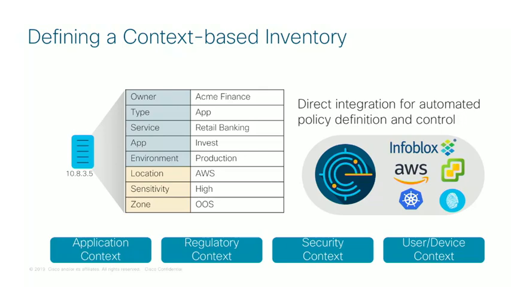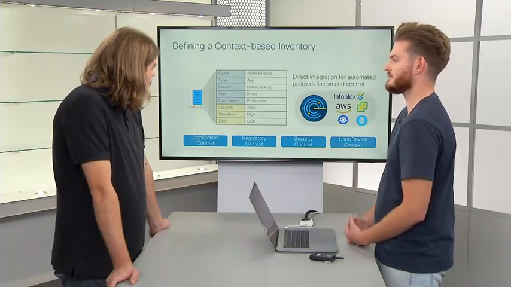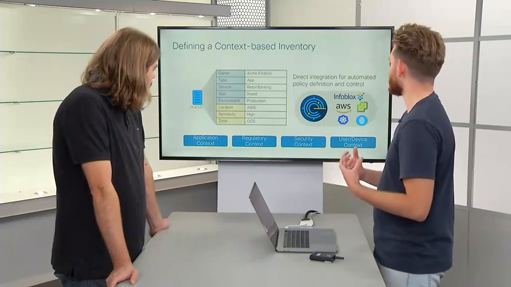So what Tetration allows you to do is provide many different sources of context and metadata alongside those IPs so that you can say, for example, show me all of the workloads that are owned by Acme Finance. It's a much more human-friendly way to interact with the workloads that are inside your data center. And we're going to go into a very deep topic about how you can actually collect this metadata from lots of different sources.